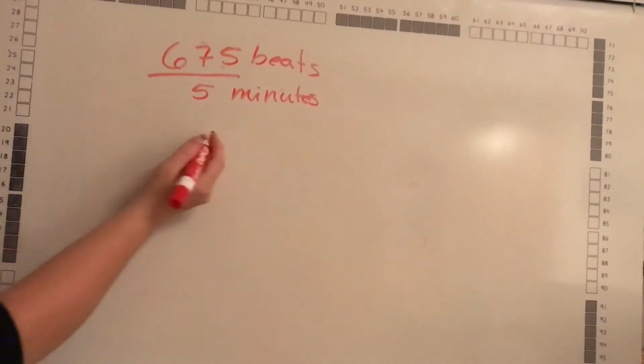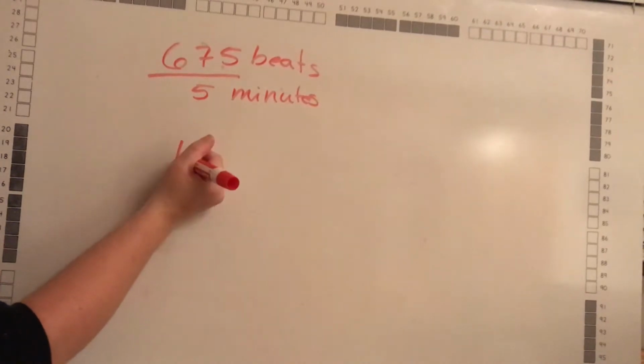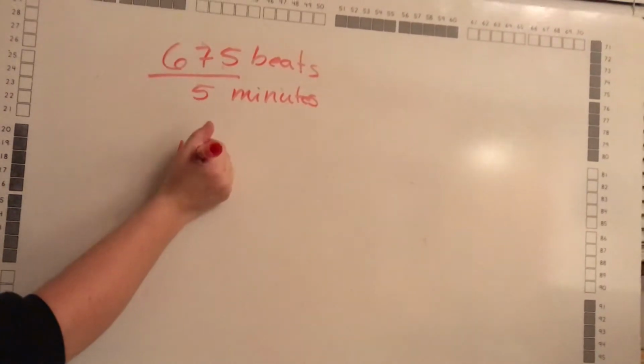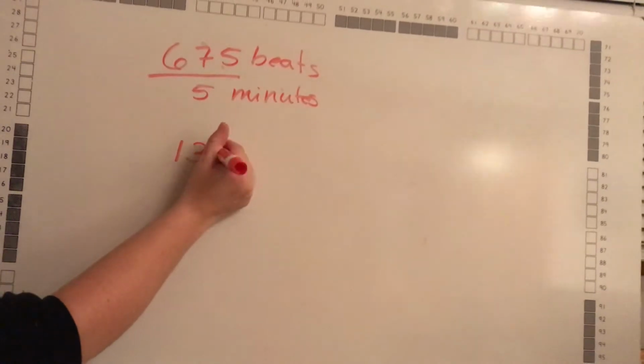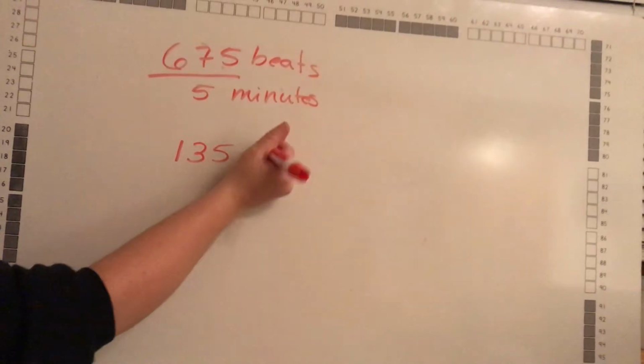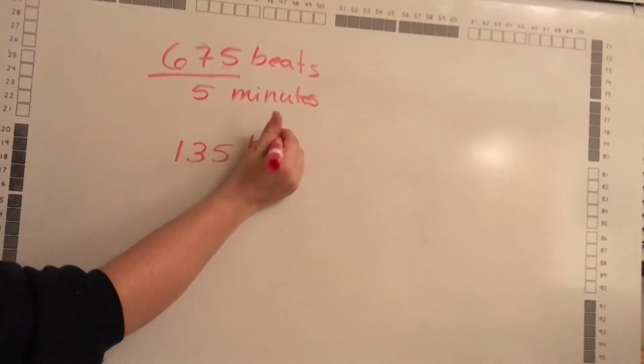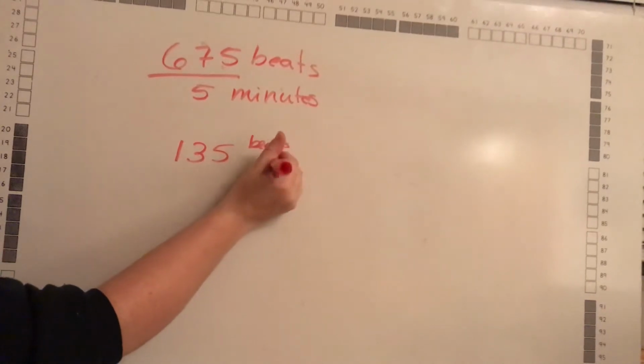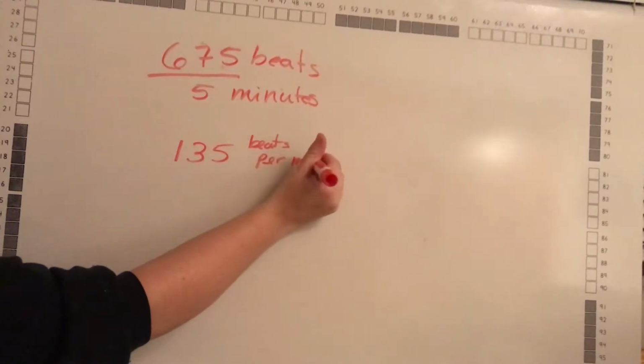Okay, so let's do the math real fast. 6 into 5 is 1, 17, 3, 5. So it's going to be 135 beats per minute.